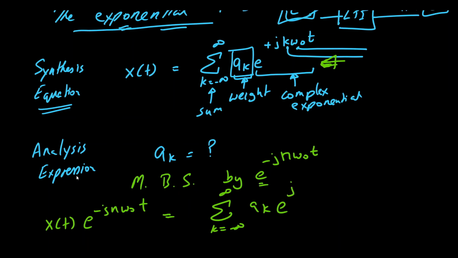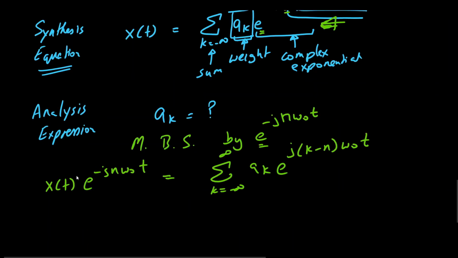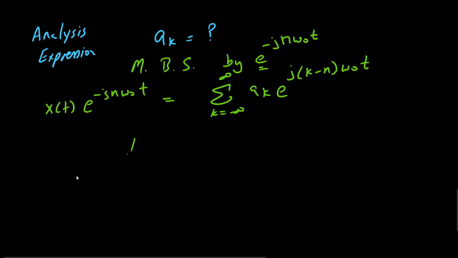Now this exponential multiplied with this exponential would have the following form, that is j k minus n omega naught t.